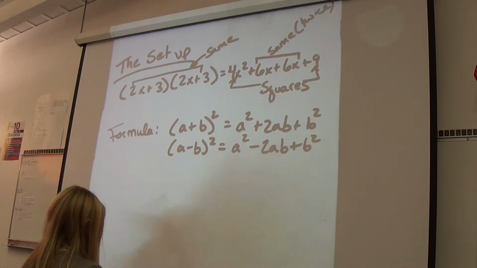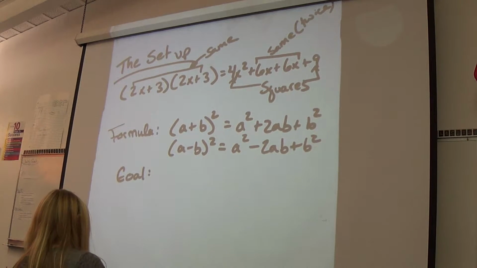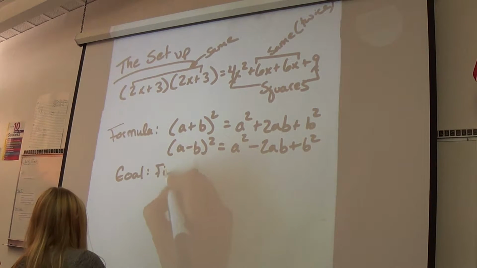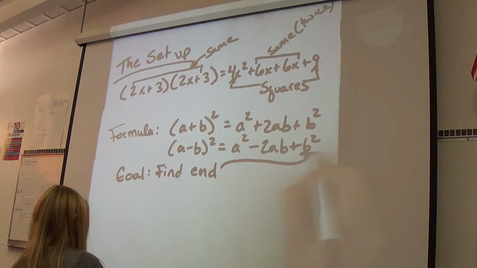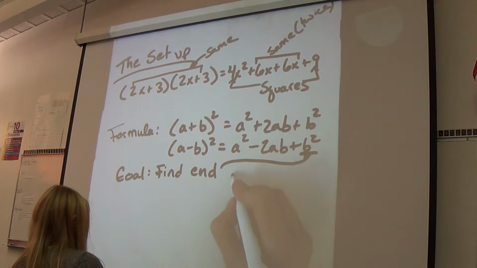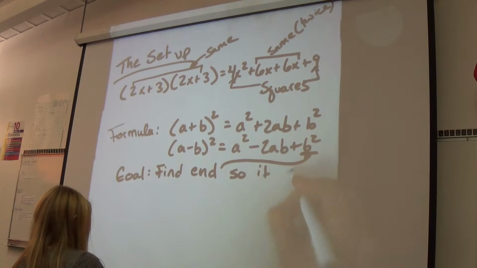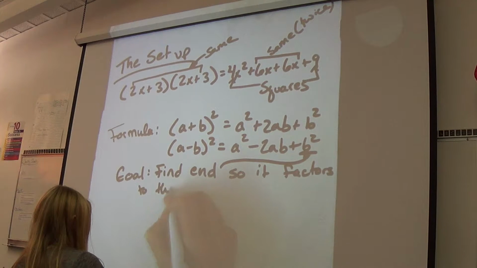So when we're doing the setup, we have sort of a mini goal. And the goal of the setup is to find the end, which is this guy right here. That's what we're trying to find. So it factors to the perfect square.